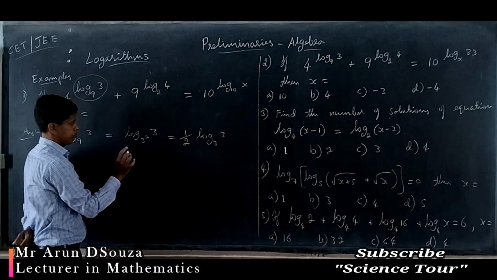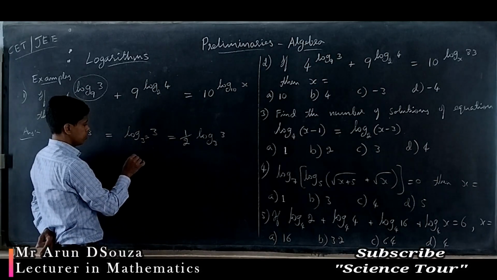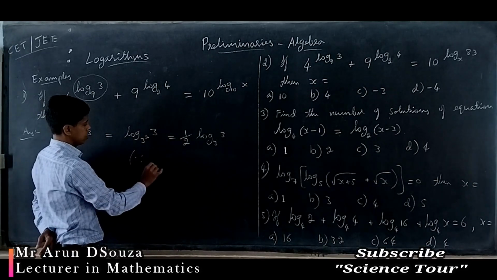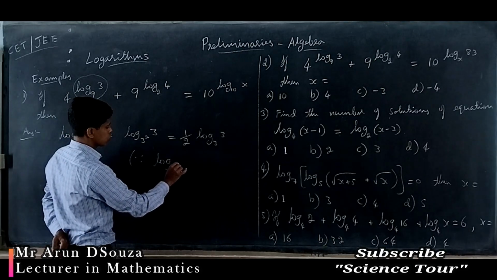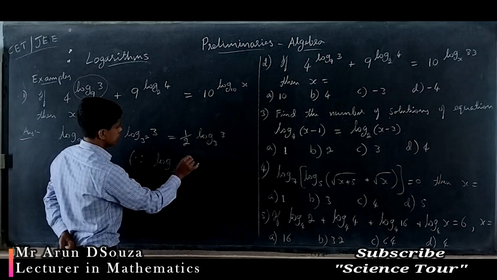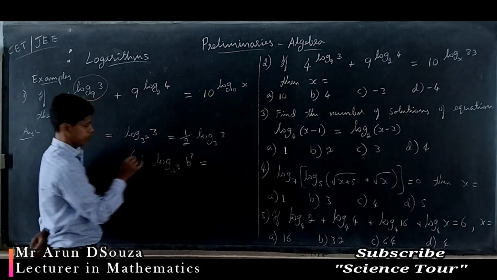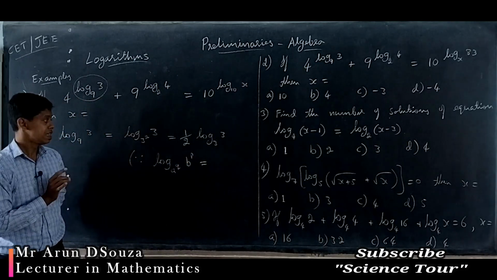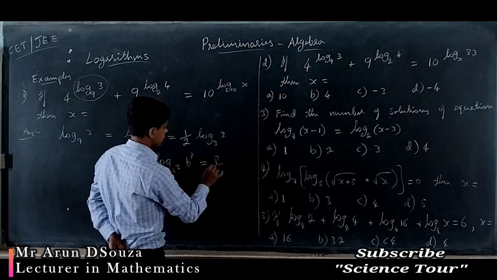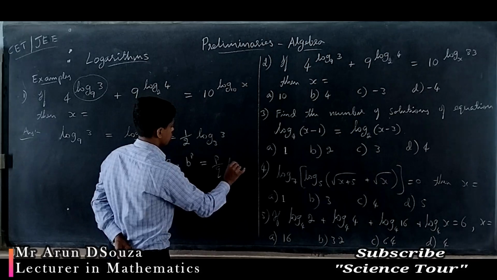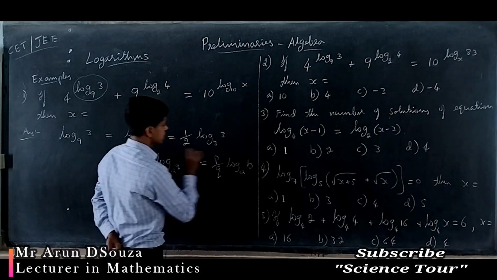I'll tell you why. The formula behind this is, if you have log a raised to q and b raised to p, then you write p by q log b to the base a.